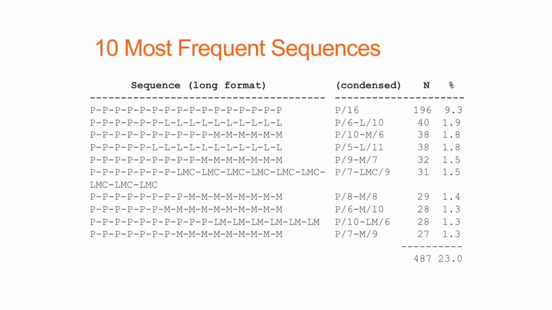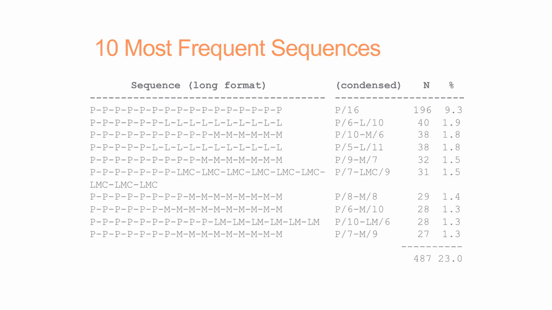So here's 2 ways of depicting the 10 most frequent sequences in the ship data. Here I'm showing you the long format. There are 16 years, and there's 1 character for every year. The most frequent sequence was living with parents for all 16 years. The next most frequent sequence was living with parents for 6 years and having left home for the next 10.